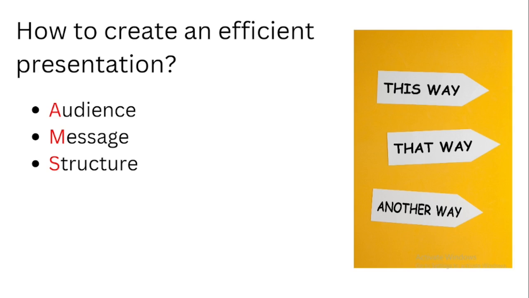And once you know what the message is, then you need to structure it in a proper way. If I am going to talk about something technical, I need to structure it properly.